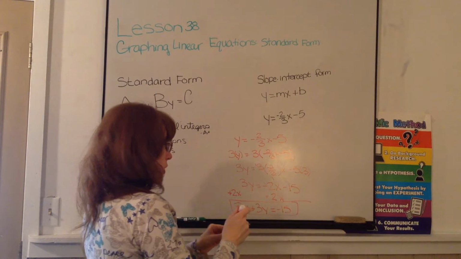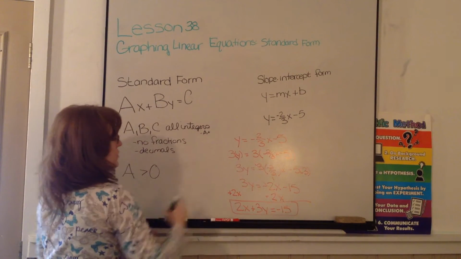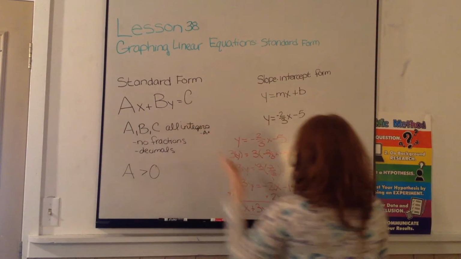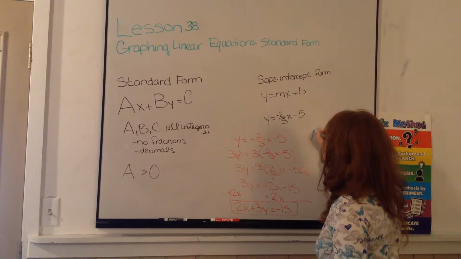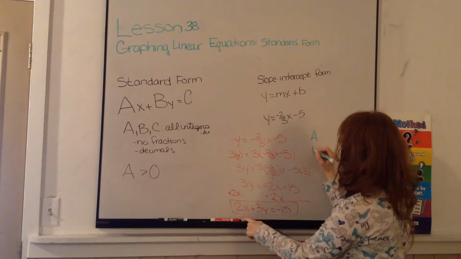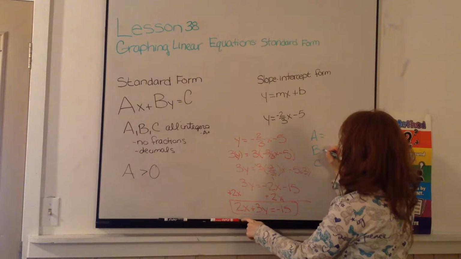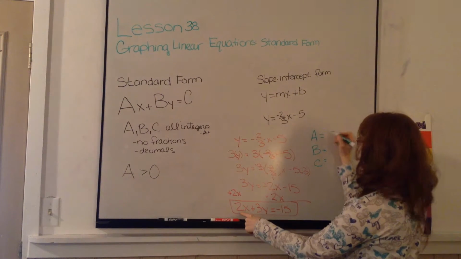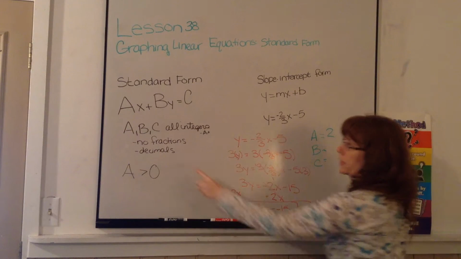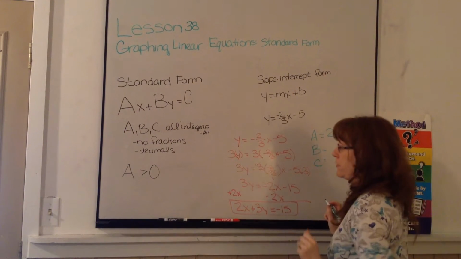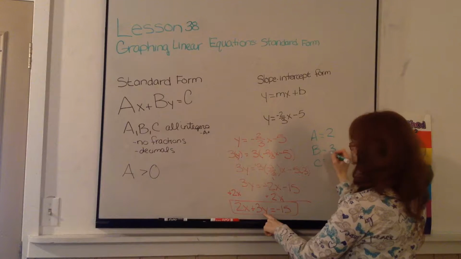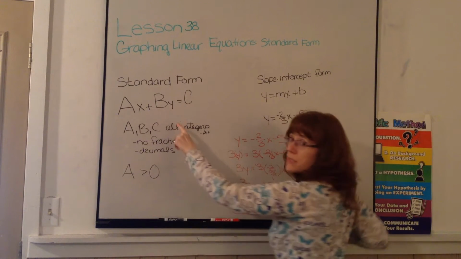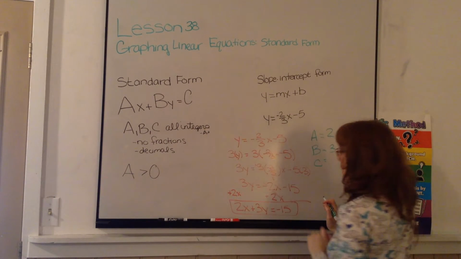I'm going to do one more little thing here, just so that you can see how this A, B, C, and everything works out. In this equation, A would be the same thing as 2, because 2 and A are in the same place. They're right before the x. 3 and B are in the same place. They're the coefficient before y.